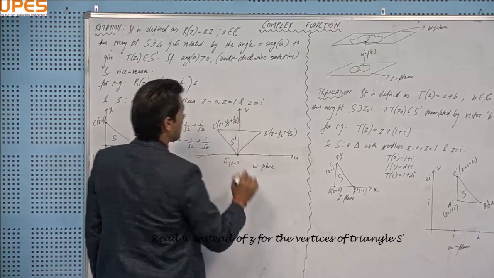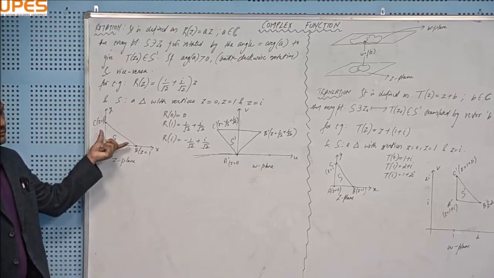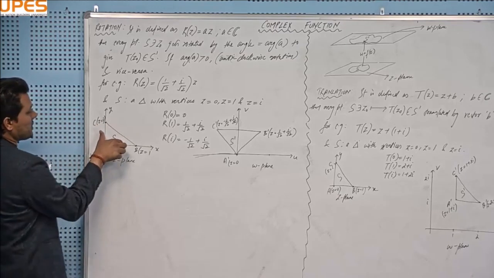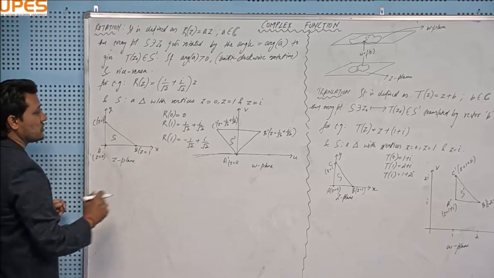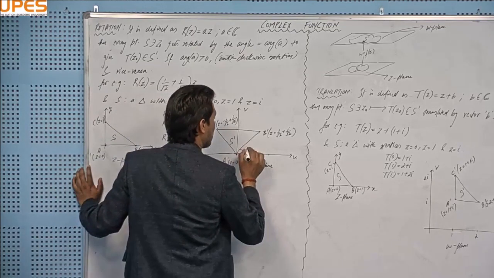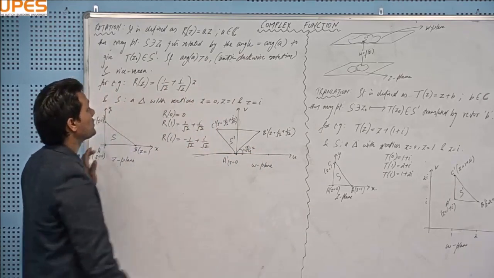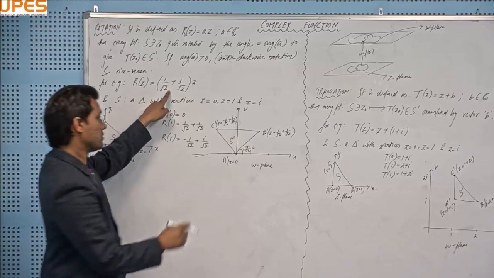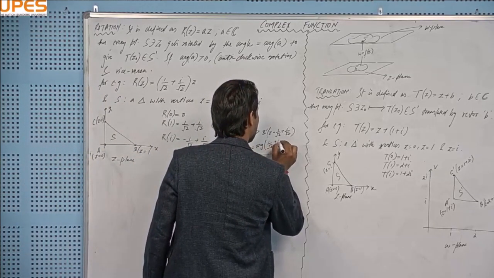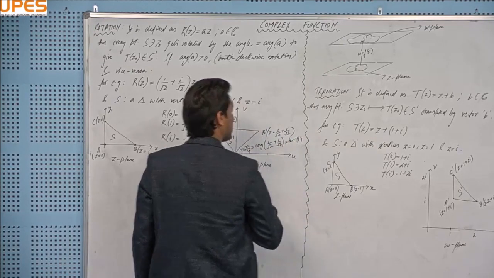Then completing the picture, this will be your range set S dash, and you can see that the whole triangle gets rotated anti-clockwise by an angle of 45 degrees. And obviously that pi by 4 comes from this. If you find the argument of this complex number 1 by root 2 plus iota by root 2, that is equal to tan inverse 1, right?